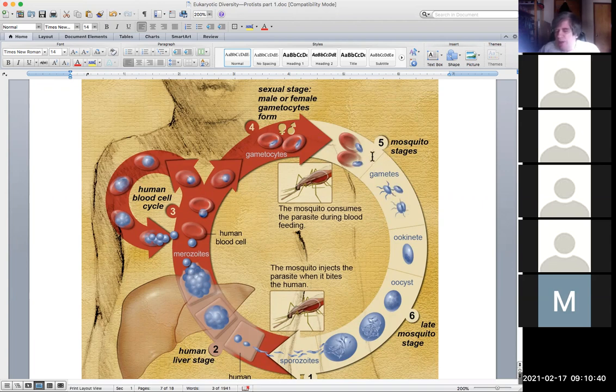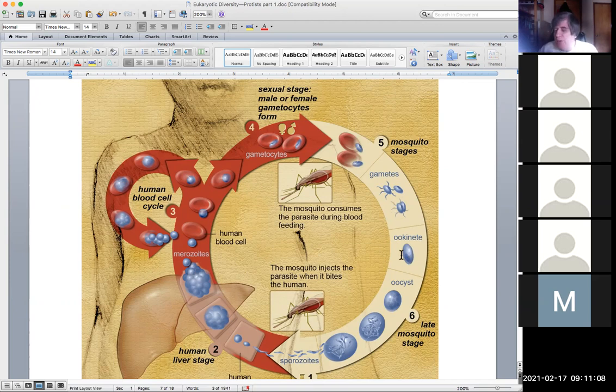So the gametocytes develop into gametes. Two gametes fertilize each other and form an ookinete. Now, all this is happening inside the mosquito's digestive system. The ookinete burrows through the walls, through the cells that make up the mosquito's digestive system.